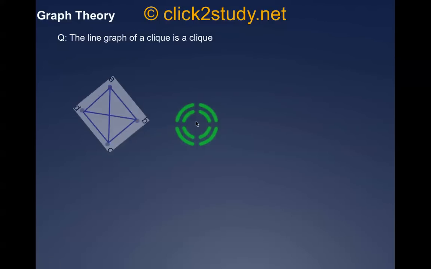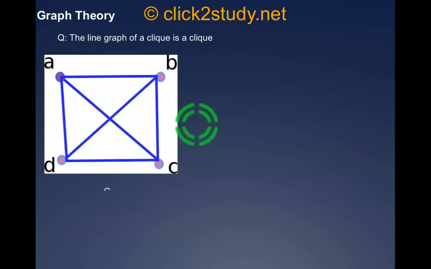Okay, this is a clique, right? Because every vertex in this case is connected with every other vertex. This is an example of a clique, and then we'll see what will be the line graph of this clique.